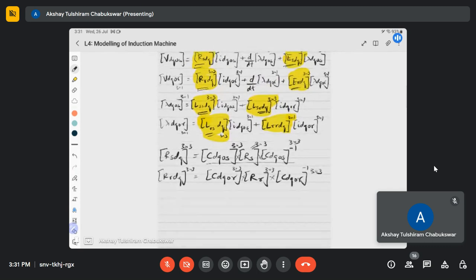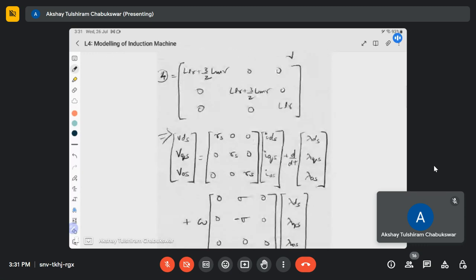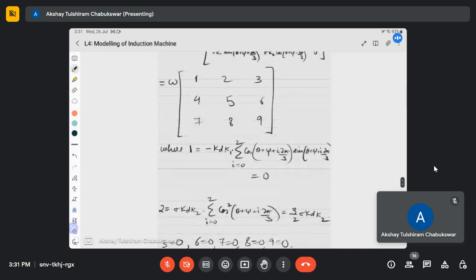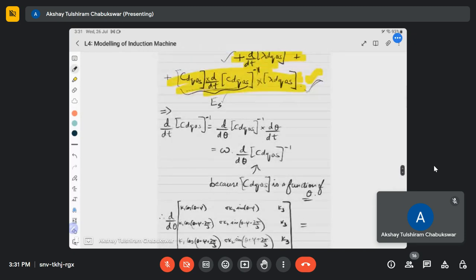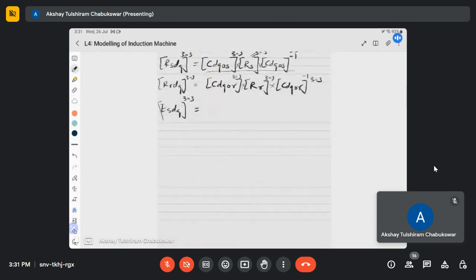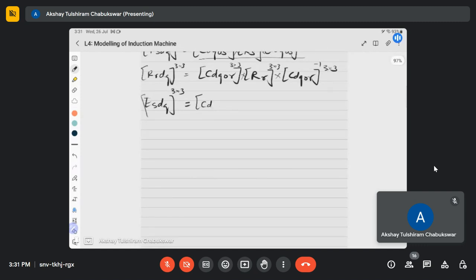Similarly, what is the value of E_S dq, which is nothing but 3 cross 3? That you will find as here. It was somewhere here: C_dq0s into d by dt of C_dq0s inverse.